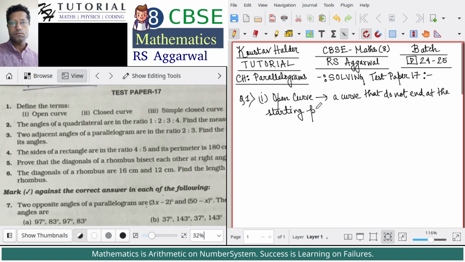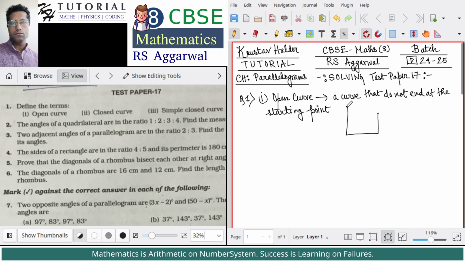When we draw a curve, there is a starting point. We start from some point, and when we finish drawing the curve, we end at some point. For example, I am drawing this curve.